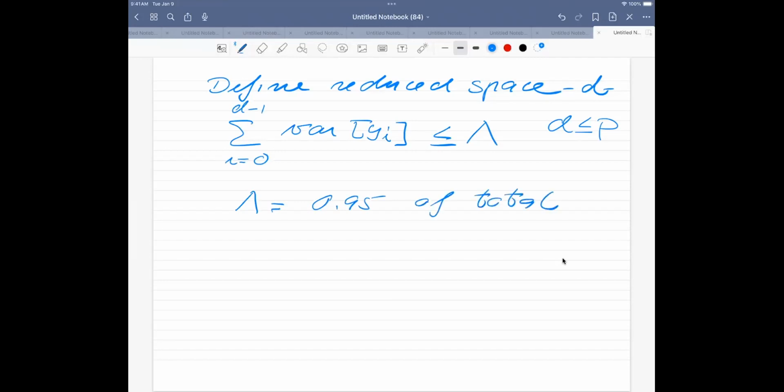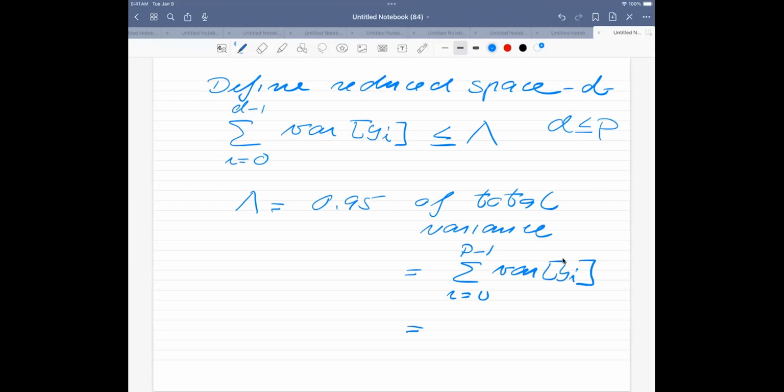So the total variance is the sum of all the diagonal elements which you have in the covariance matrix. And the total variance is nothing but the sum from i equals 0 up to P minus 1 of the variance of gamma of Y.